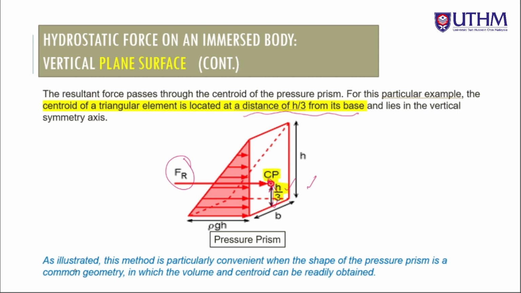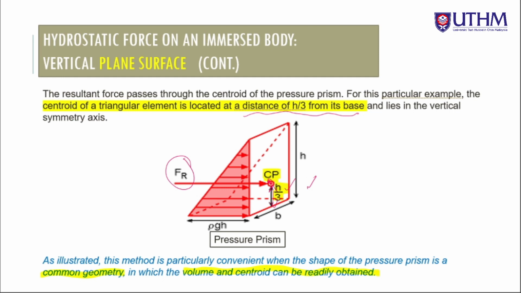Okay, as illustrated, this method is particularly convenient when the shape of the pressure prism is a common geometry. So if let's say common geometry, kita senang je guna konsep macam ni, kan. Dia jadi susah bila kita ada macam tadi lah, case macam inclined plane submerged in water. So untuk yang ni, if let's say ada common geometry in which the volume and centroid can be readily obtained. Okay, so saya rasa kejap tadi tu saya tersilap lah.